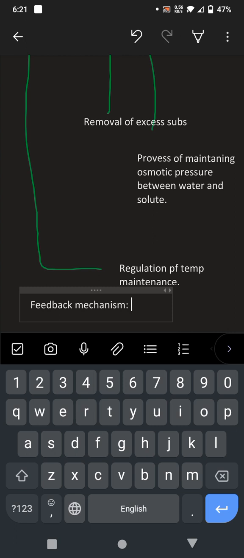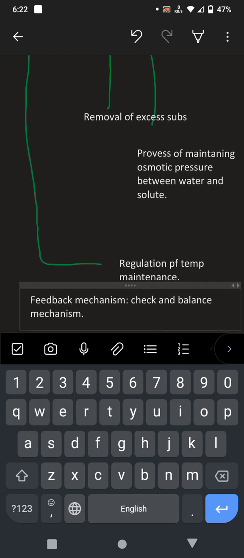Any change that takes place in our body is controlled by this mechanism. Let me write it down: that check and balance mechanism is the feedback mechanism.